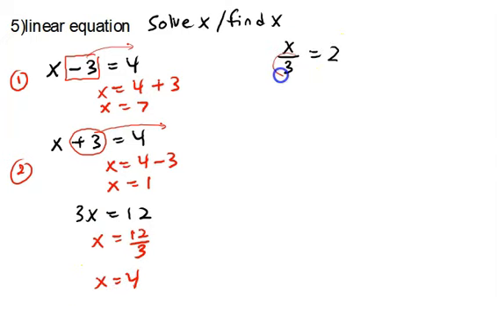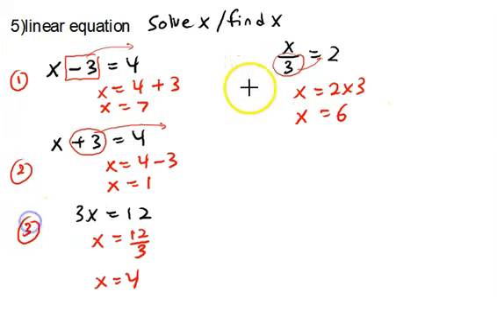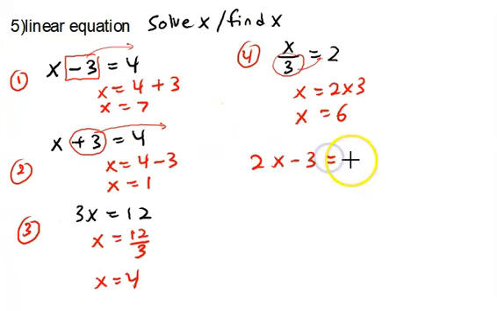Now here, as you can see, this is a divide, so the divide will move there, become multiply. Okay, so these are the 4 important rules. This is number 3 and this is number 4. So let's combine this. Now you got 2x minus 3 equals to 7.